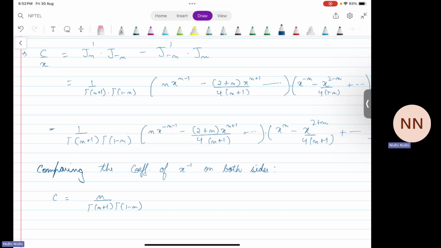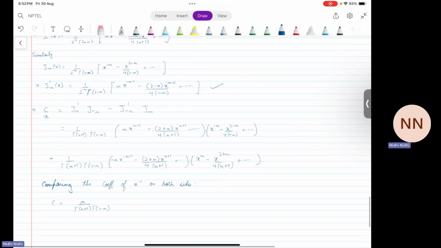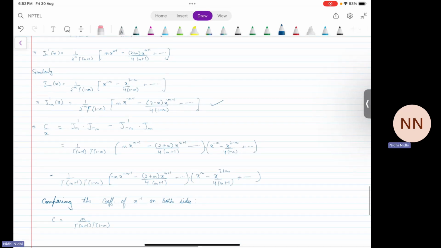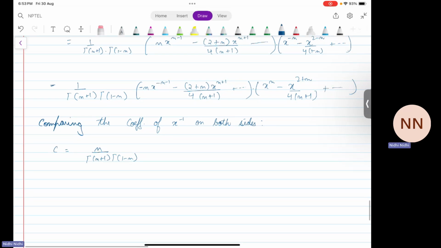There was a minus n, no? This one, J_{-n} dash. This was minus n. Plus n times n upon gamma n plus 1 times gamma 1 minus n.